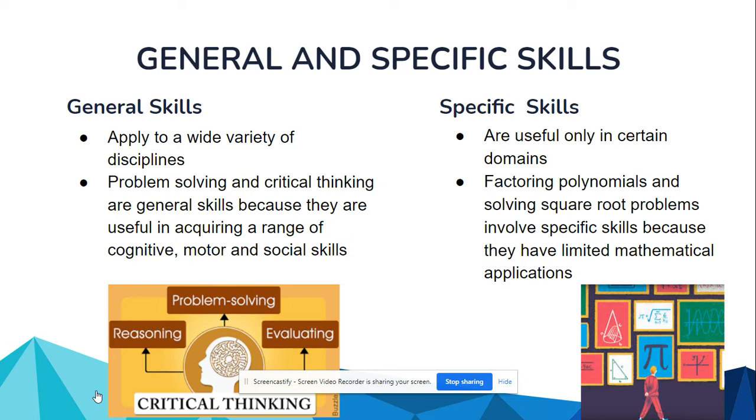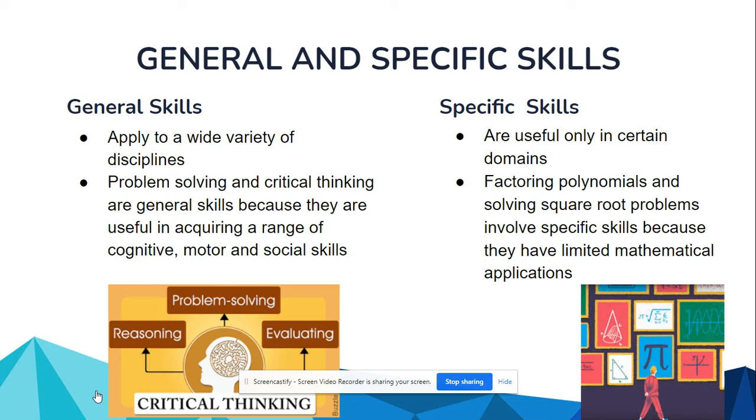Domain specificity is a concept that suggests some cognitive functions are solely responsible for individual functions and not multiple ones. Different areas of cognition are referred to as domains. So to go back and give an example of a specific skill, that would be the ability to read music or to build a car engine.